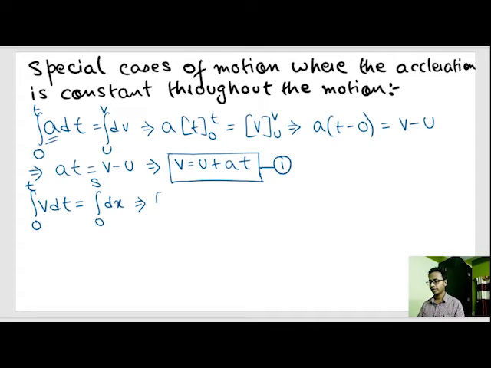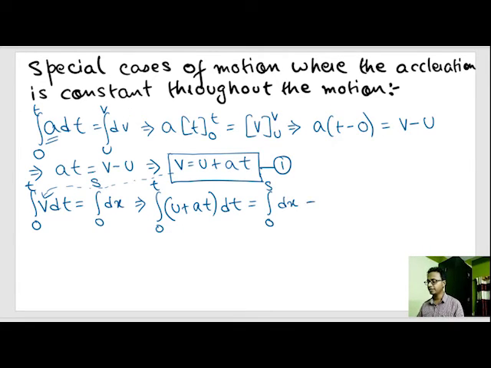So now from the previous equation we obtained v is equal to u plus at. So we can substitute the value of this v out here. So u plus at, which is the value of v, into dt is equal to dx. The limits are from time t equals 0 to time t equals t, and out here from position x equals 0 to position x equals s.